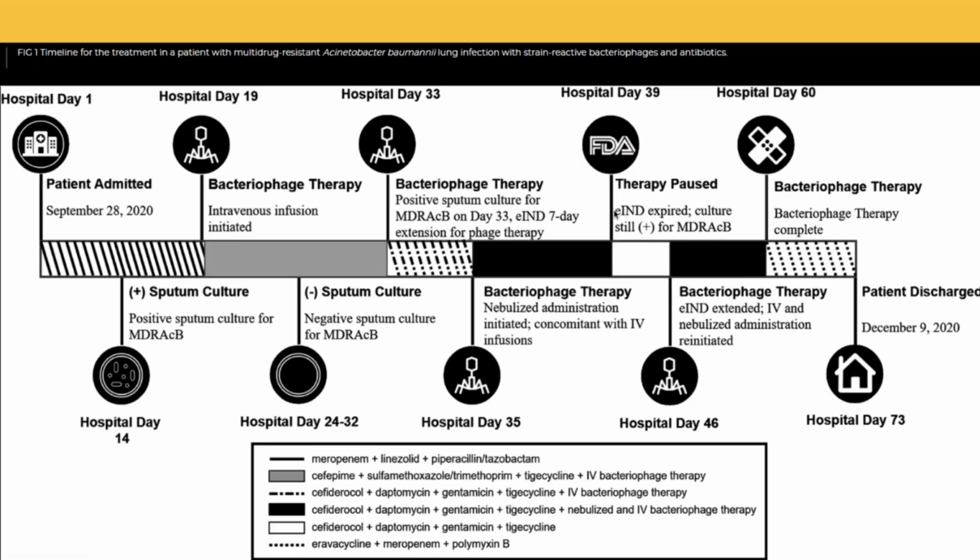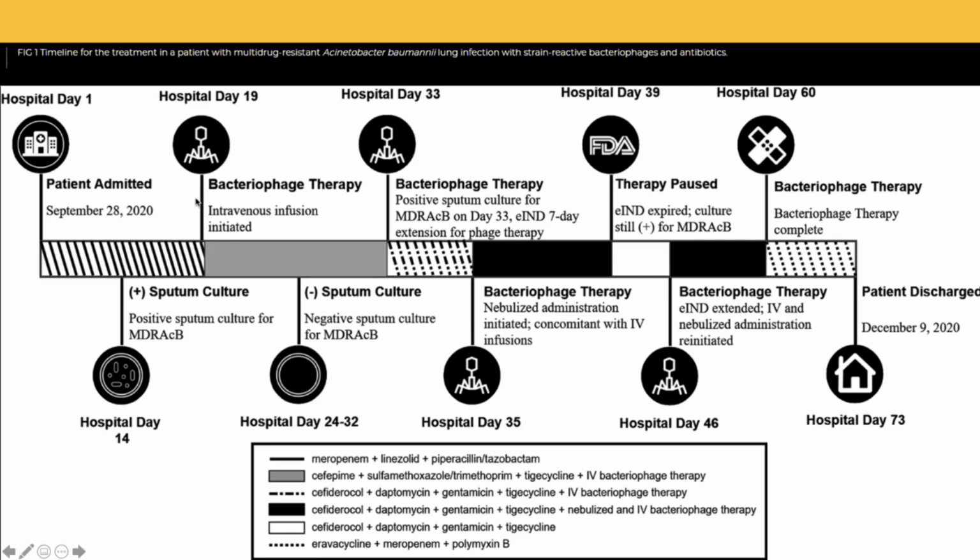And this is another case of a patient who unfortunately suffered with multi-drug resistant Acinetobacter baumannii respiratory infection, pneumonia. And this is just kind of a brief timeline of what happened here. Again, these are very complicated cases with multi-drug resistant organisms.